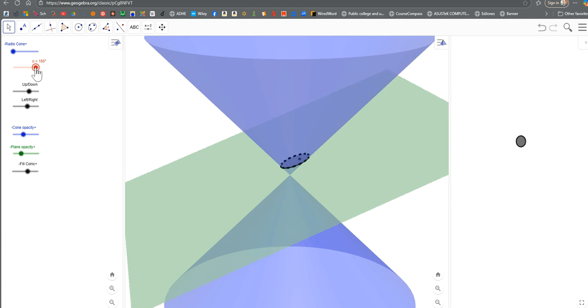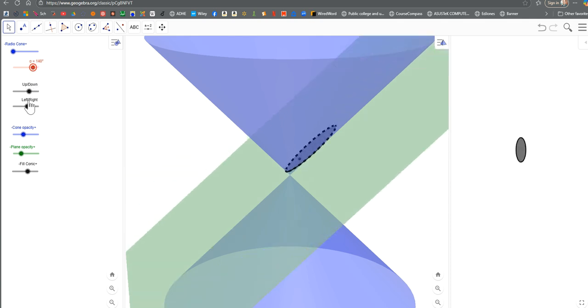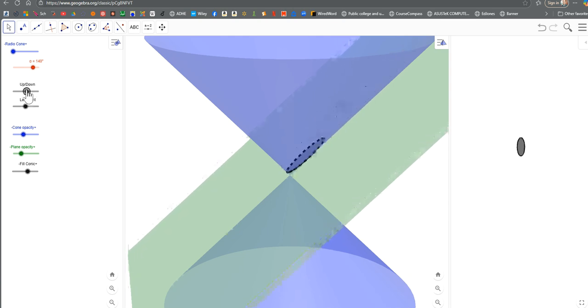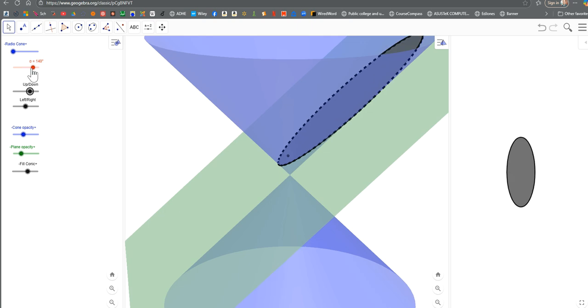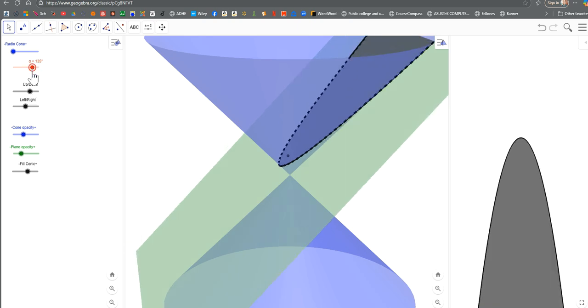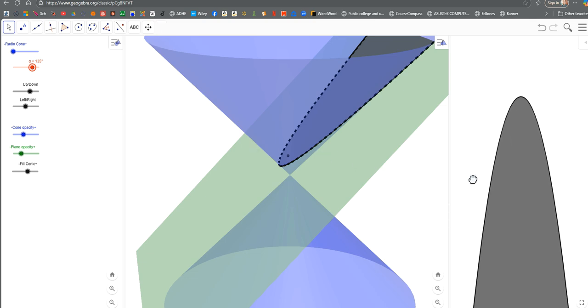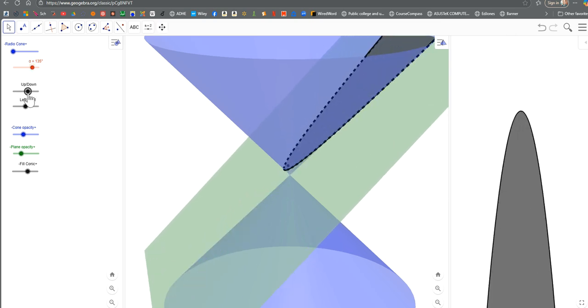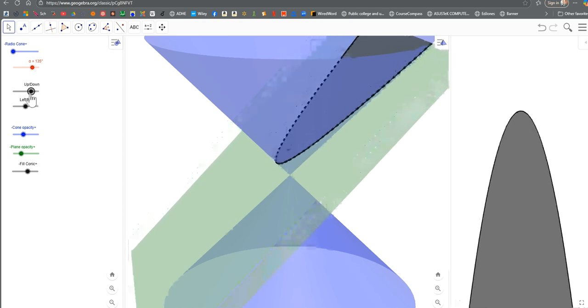If we change the angle a little bit more, we get a more eccentric ellipse, more elongated in one direction than the other. And if we do it a bit more, now the ellipse has morphed into a parabola. Okay, moving that up and down, we get a parabola here.